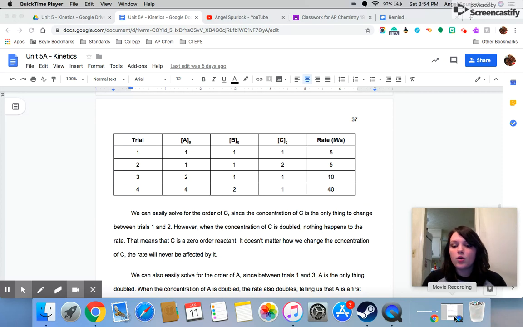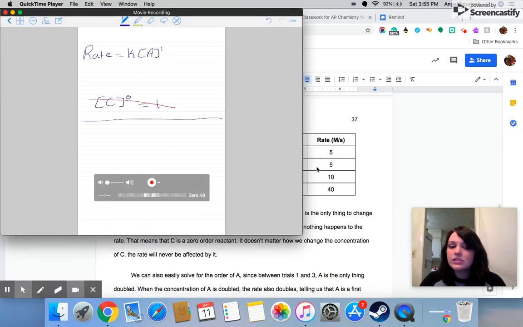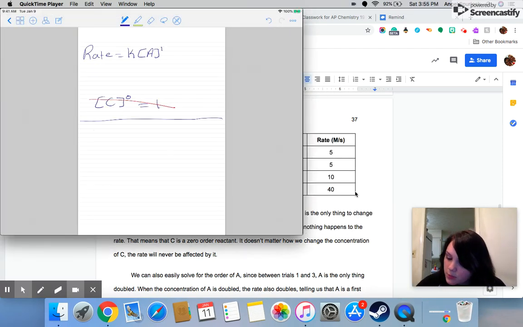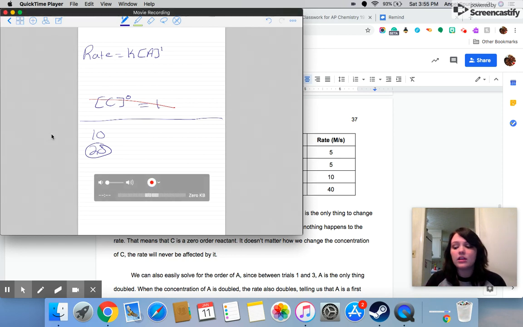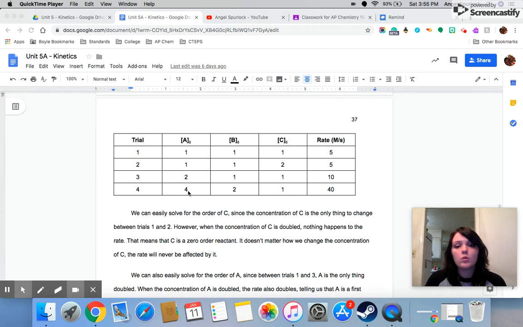So if B was staying the same, the rate between trials 3 and 4 should now be 20. That should be the rate because we know that A is first order. So when we double A, what we should see is that we double the rate. Well, this number here is way bigger than 20.